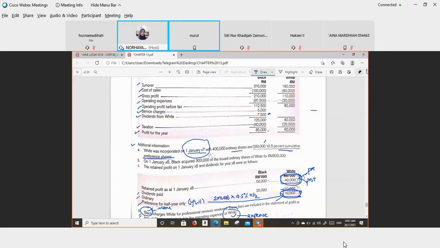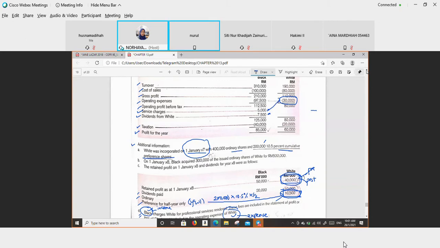So service charge, you look here, there is income that black has recorded. You know this is an intercompany transaction of 5 million, which has already been recorded by black as its own income. White has recorded it in expenses.